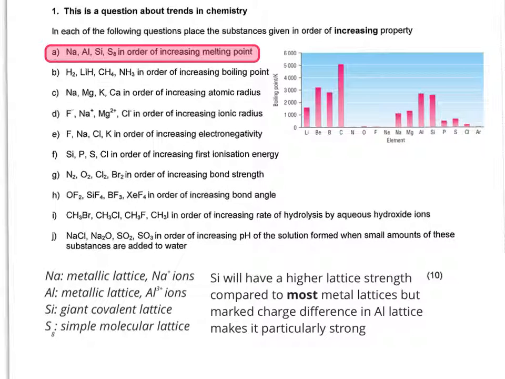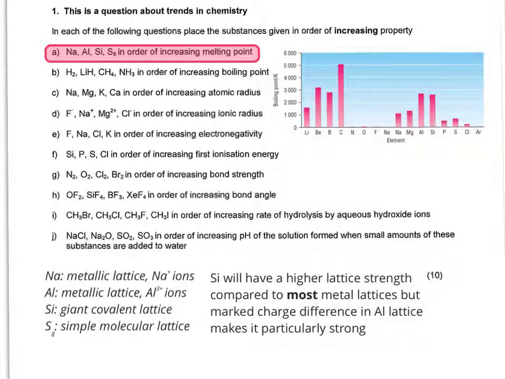Now, silicon will have a higher lattice strength compared to most metal lattices, but in aluminium, the marked charge difference in its lattice will make it particularly strong and resistant to melting. So therefore, you'll find that aluminium will be slightly higher in its melting point to silicon.